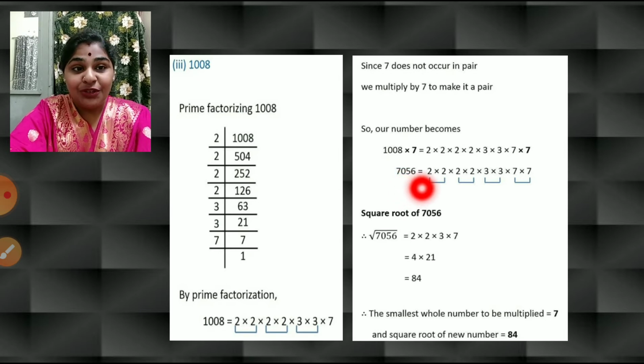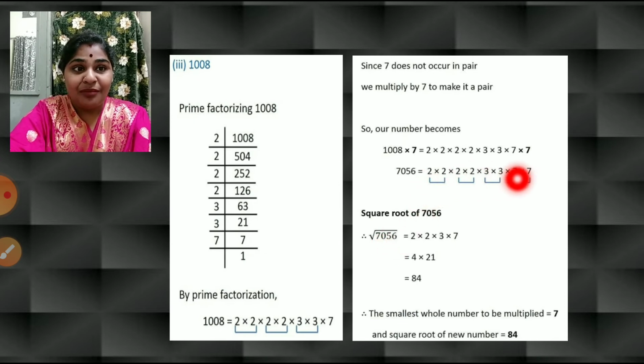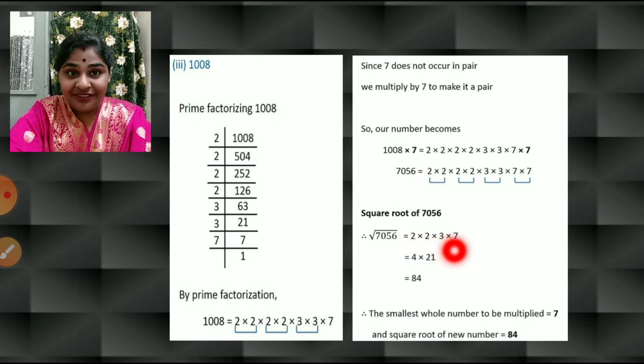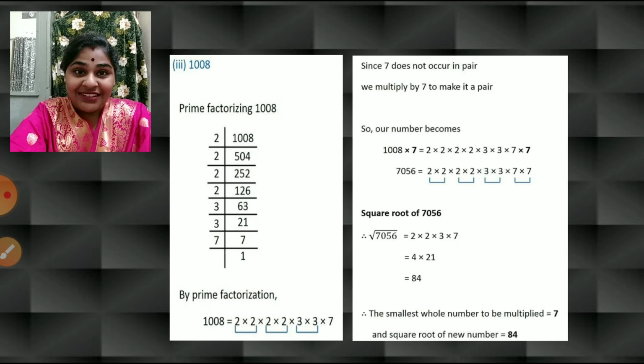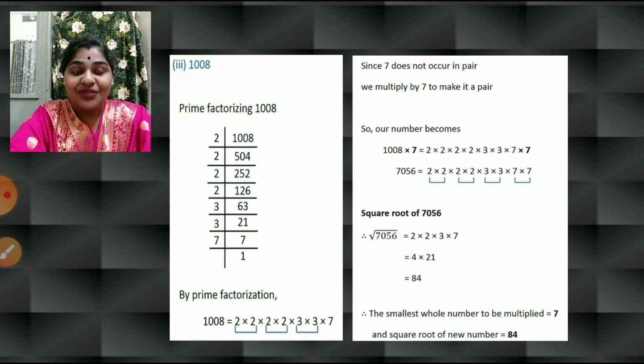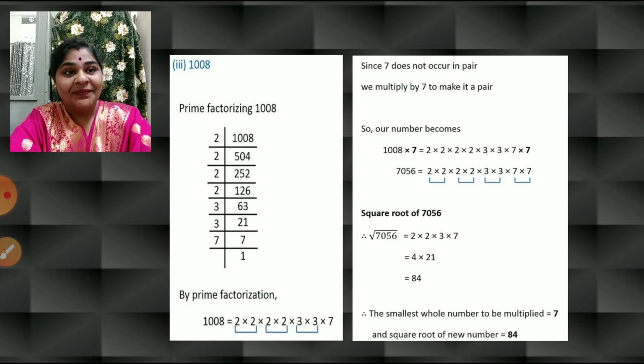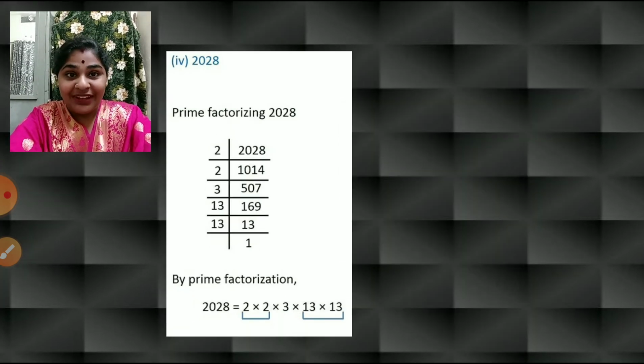So the new number is 7056, and the square root of that number is, just take one number from each pair, that will be 2 into 2 into 3 into 7, which is nothing but 84. So here are both our answers. That is, the smallest number to be multiplied is 7 and the square root of the new number is 84. I hope you people are getting this.